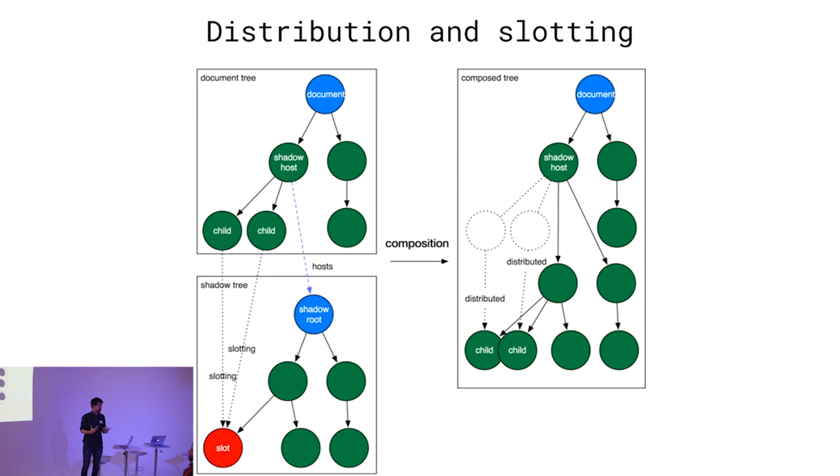Shadow DOM APIs give us the possibility of cherry picking light DOM nodes and dragging them into the shadow tree. The browser is going to compose the document at rendering time, and that's the result. So basically, that's what slotting is: injecting from the host some content within the shadow tree.